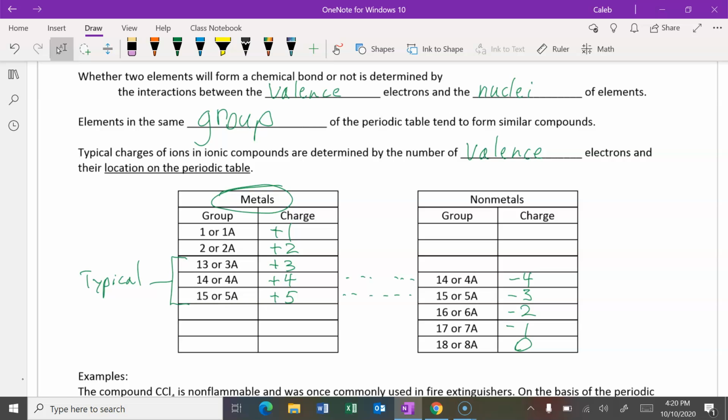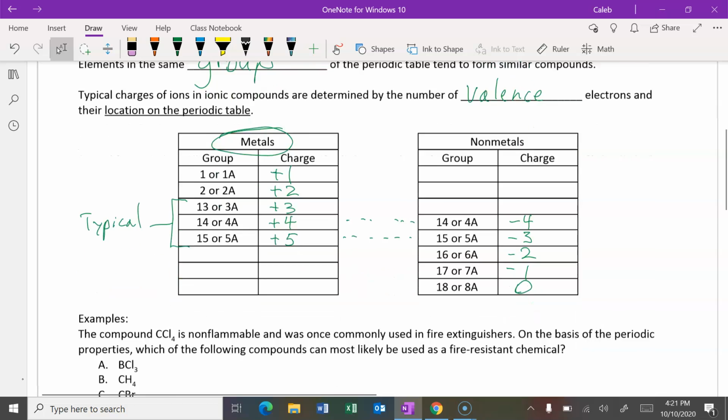Nonmetals, they've already got a lot of electrons, so it's easier for them to just gain another electron or 2 or 3 in order to get a full valence shell. So however many electrons they have to gain to get to 8 valence electrons, that's going to tell you what the negative charge is.